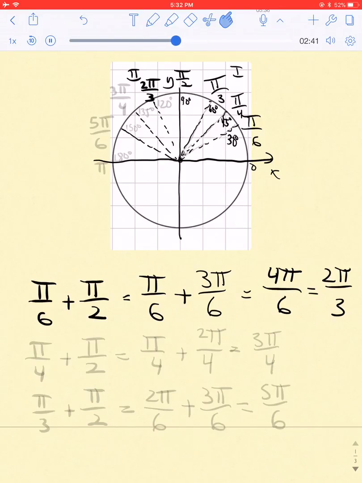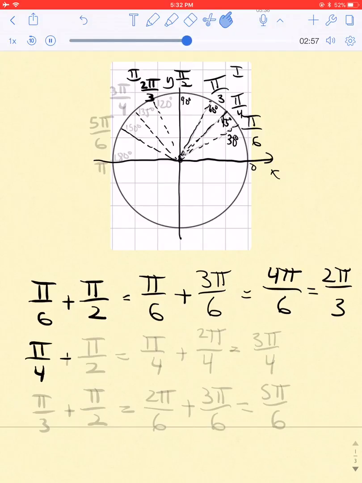And we'll do the same thing now with this next angle. We'll start with the reflection about the y. So we start with 45 degrees in the first quadrant, which is pi over 4.